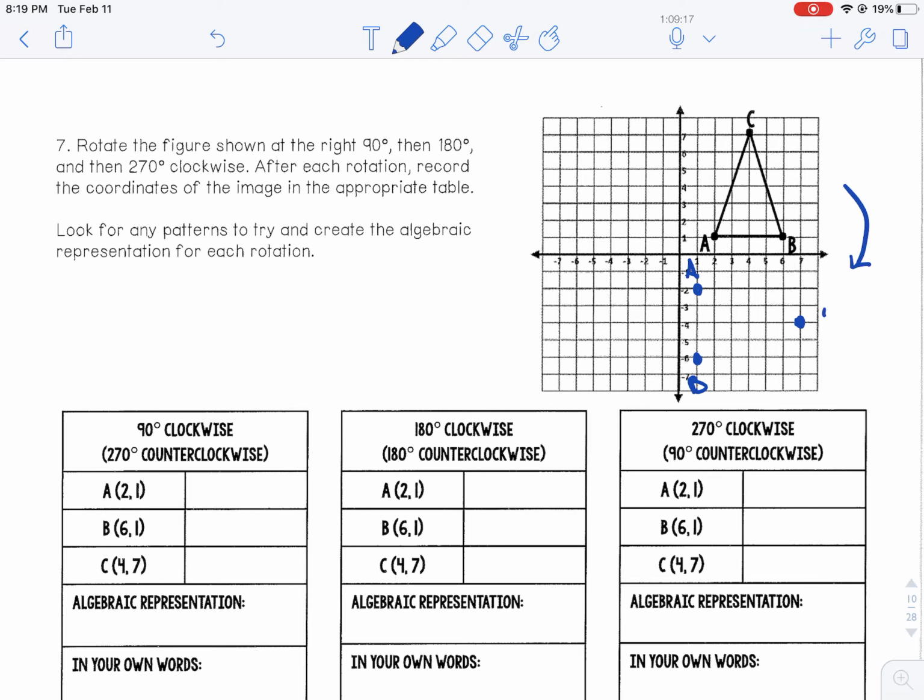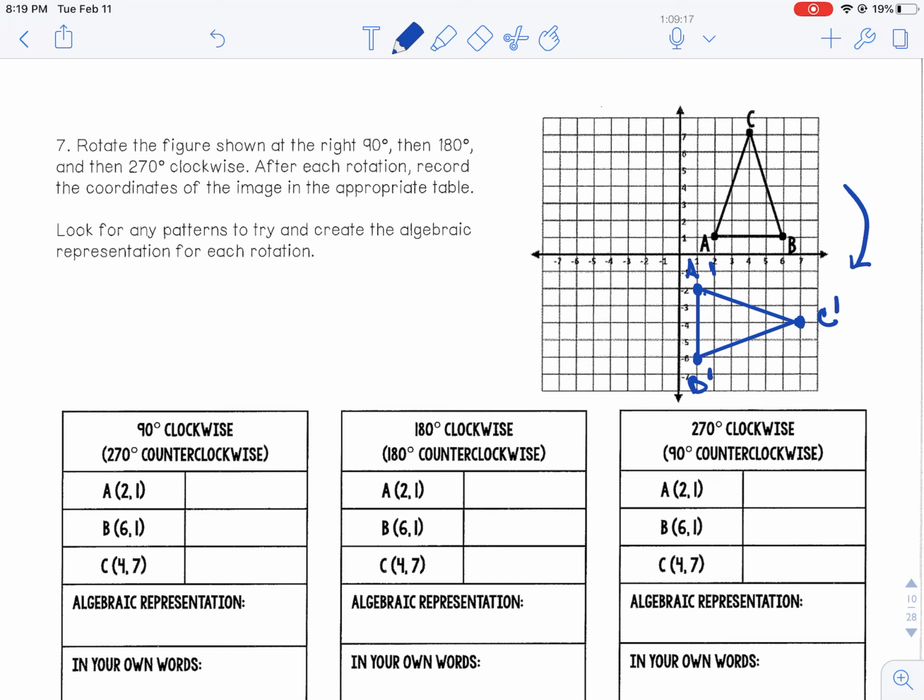So I would suggest, if this is not helpful, to either grab some graph paper and create your own triangle. Sorry, I can't do two things at once. Or grab some patty paper like we used in our class yesterday and create your figure and do the rotations with it. So this is A prime, this is C prime, and B prime.